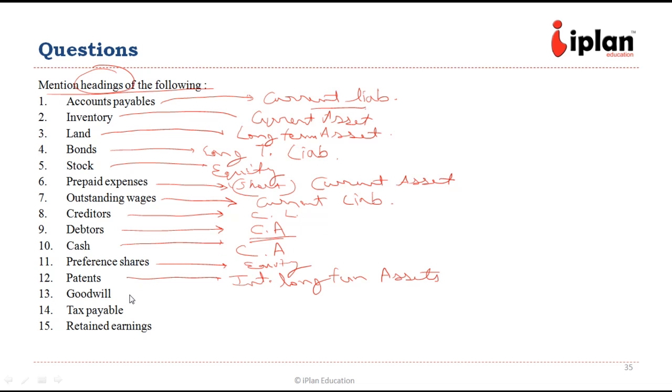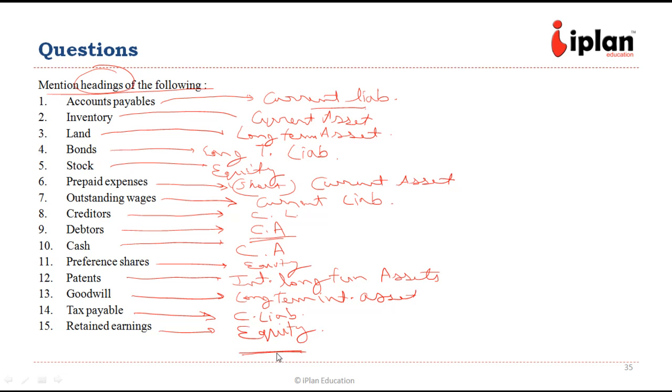So in a classified balance sheet, the short-term and long-term assets and liabilities have to be put separately. Goodwill is going to be a long-term intangible asset. Tax payable is a short-term liability or current liability. Retained earnings form part of equity. So that gives us a good idea about various elements in the balance sheet.